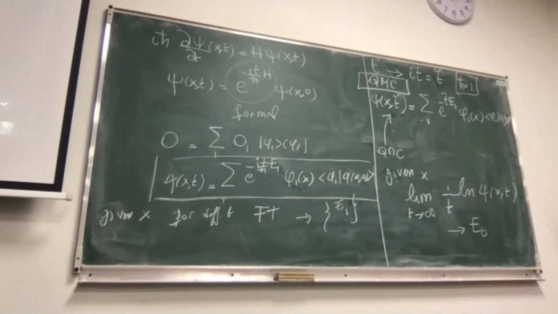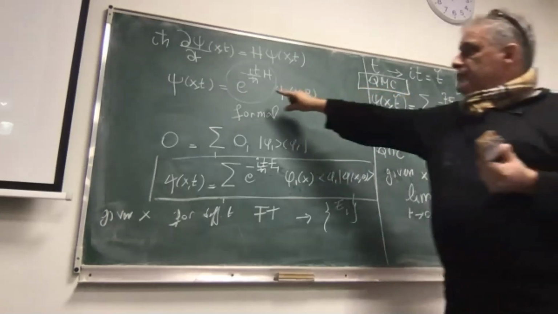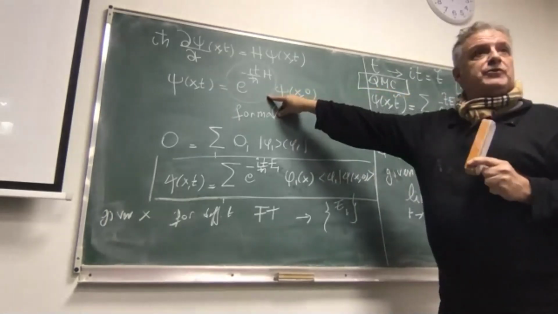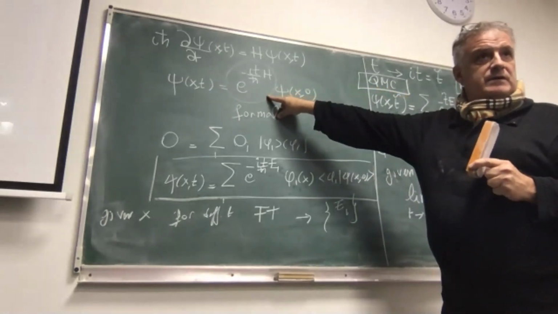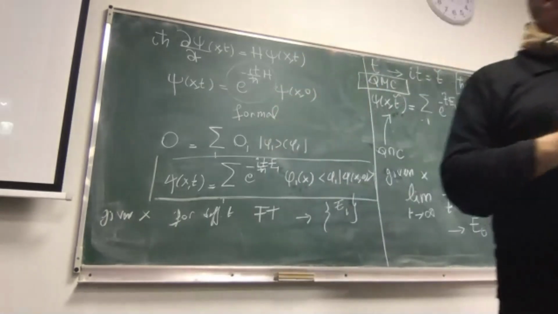The key idea of QMC is that we are going to be able to compute this using stochastic methods, Monte Carlo, in an easy way, in huge dimensional spaces, eventually millions of variables. If you want to do that with quantum dynamics, it's much more difficult, and you can do it only in a very small dimensional space.